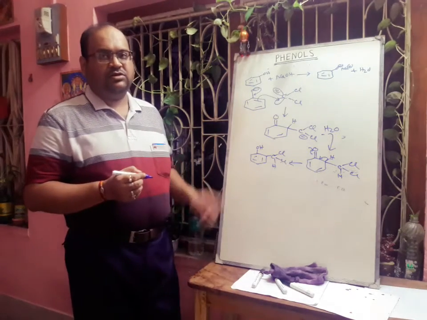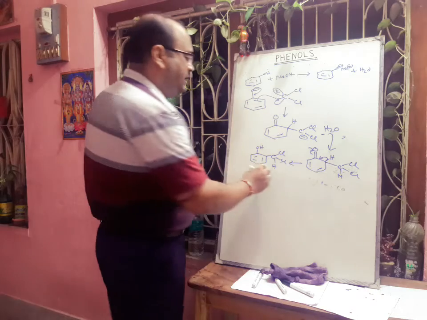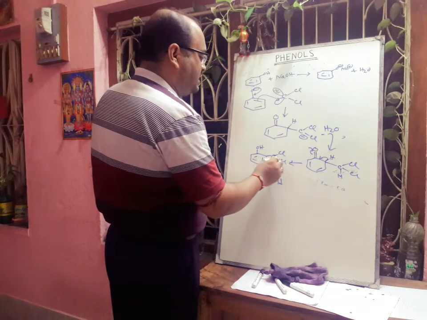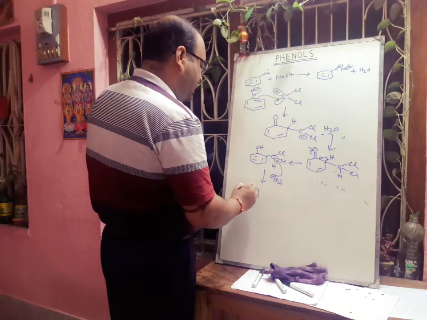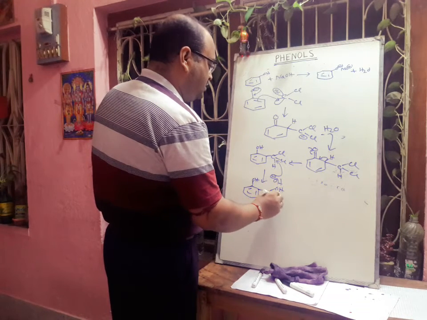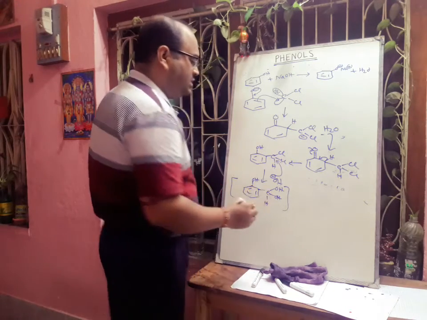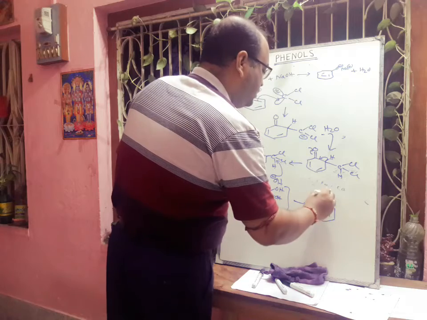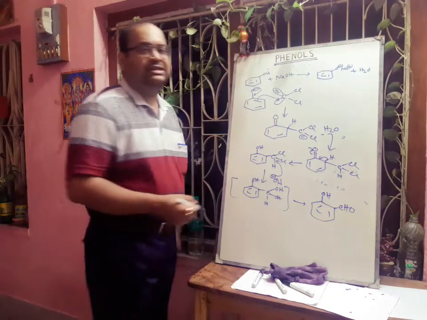Now these compounds are not very stable. In the next step, OH minus will attack here and there will be formation of an unstable compound like this, with OH. This is not stable, and elimination of one water molecule will produce ortho-hydroxybenzaldehyde, and that is called salicylaldehyde.